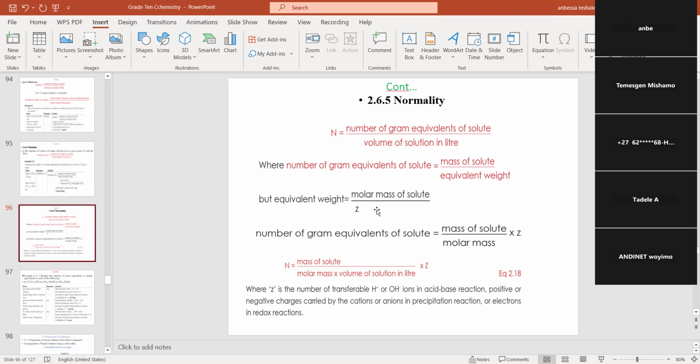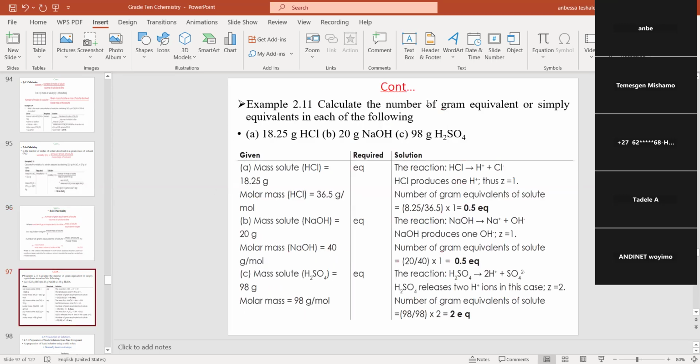That number of equivalent divided by volume of a solution gives what? A normality. When you see an example here, calculate the number of gram equivalent in each of the following. So, for example, 18.25 gram of HCl. When you dissociate hydrogen chloride, the number of hydrogen in this compound is 1.